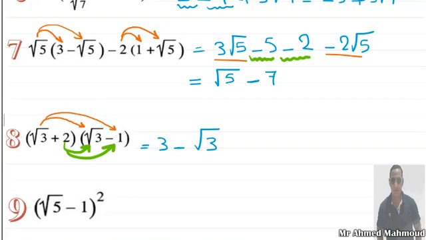Okay, here 2 times root 3 equals positive 2 root 3, and 2 times negative 1 equals negative 2. Okay, then I'm going to collect the like terms together. Here we have 3 like negative 2, it's equal 3 minus 2 equals 1. Here I have to write 1 because I haven't root.